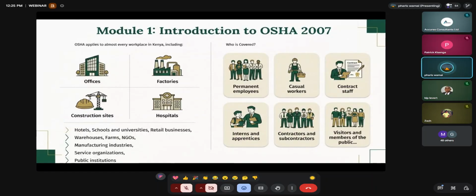What I would end with is making sure that everybody understands that safety starts with you. The responsibility of safety is for both the employer and the employees, but under the Occupational Safety and Health Act of 2007, that responsibility primarily falls under the employer.